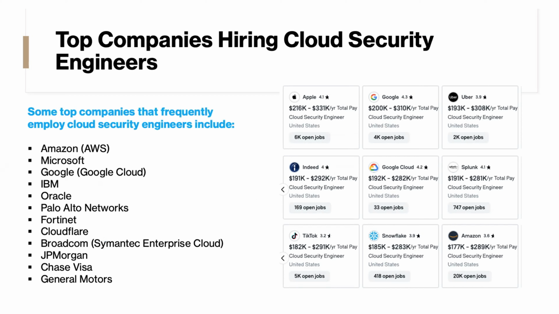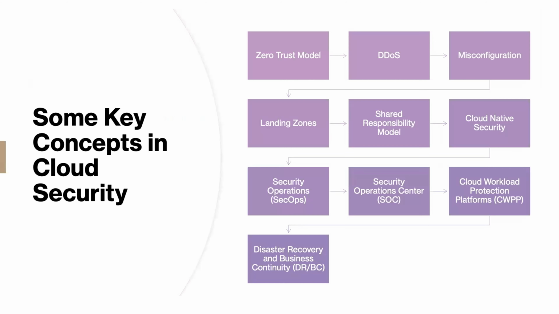We have Amazon, Microsoft, Google. We also have others like IBM, Oracle, Palo Alto Networks. I like that company, very good company. JP Morgan and the rest. So these are some of the companies that are hiring cloud security engineers. There are a lot of them, but these are some of the big top players. Now, we talked about some key concepts in cloud security, and some of these key concepts are also present in cybersecurity.